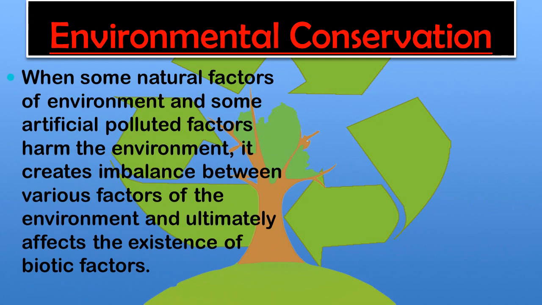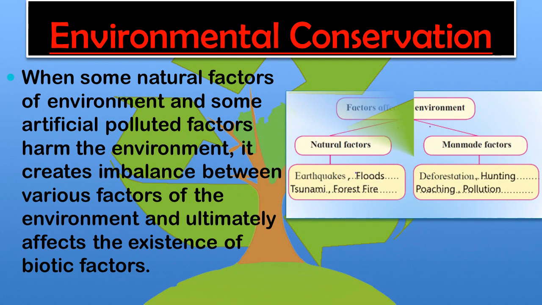When some natural factors and some artificial or polluting factors harm the environment, it creates an imbalance between the various factors of the environment and ultimately affects the existence of the biotic factors.